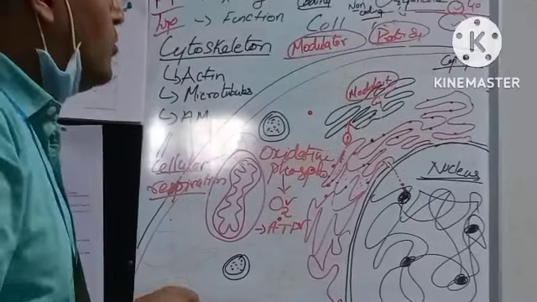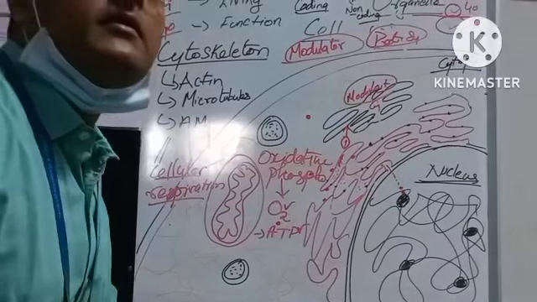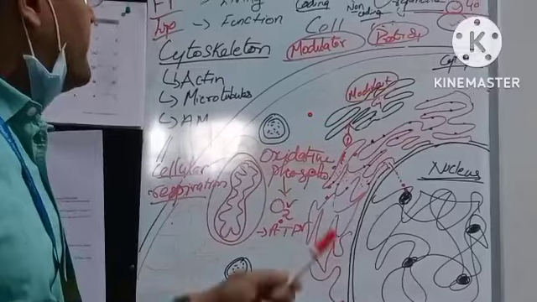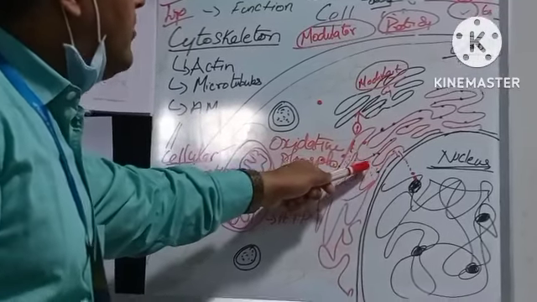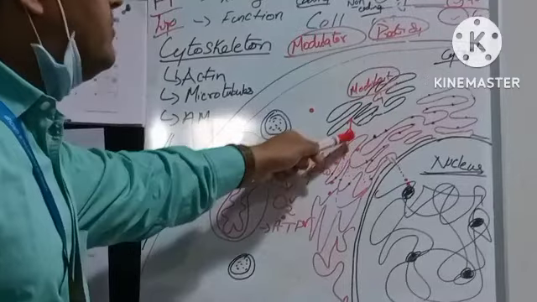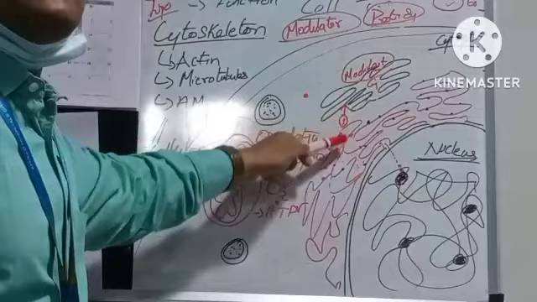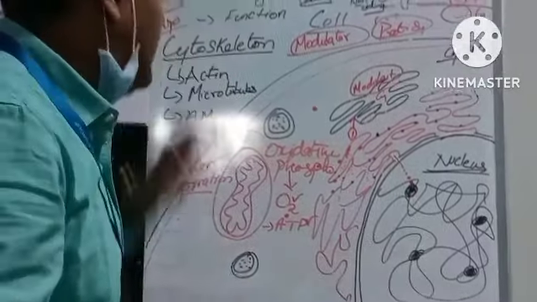Nucleolus, we have discussed, it is forming your ribosomes. Okay. So it will go and mature itself, become a protein and go outside by endocytosis or exocytosis. Very important, exocytosis.